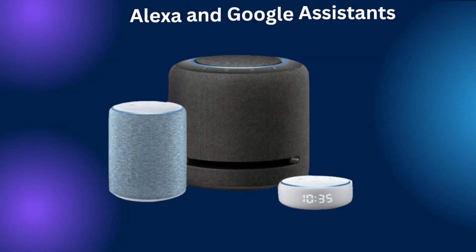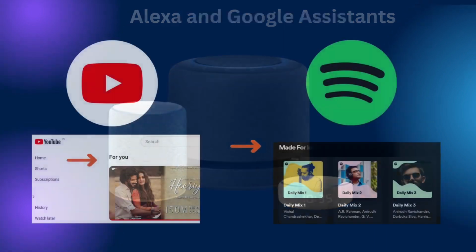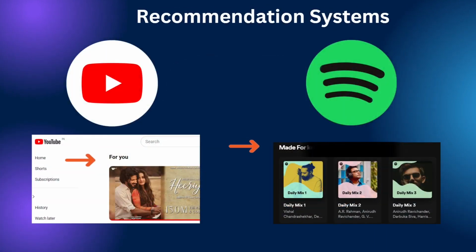And then our next example is Alexa and Google Assistant, various chatbots that interact with humans, understand what we say, and fulfill our requirements. Also recommendations like YouTube recommendations and Spotify music recommendations, where it takes our past data like videos we have seen and music we have listened to.